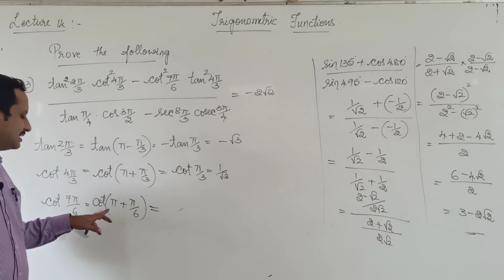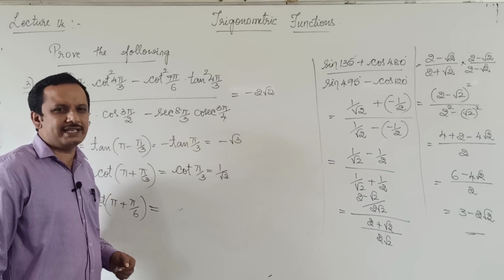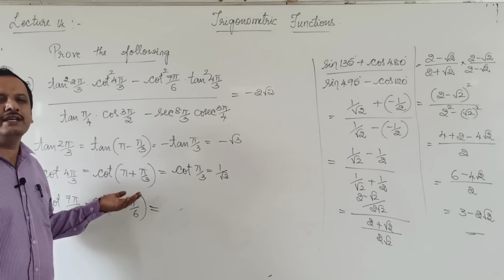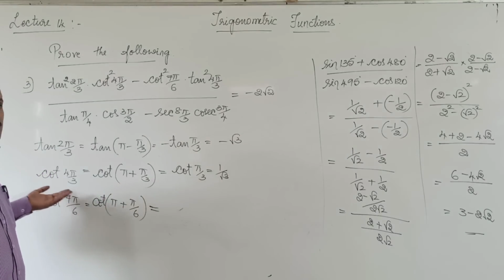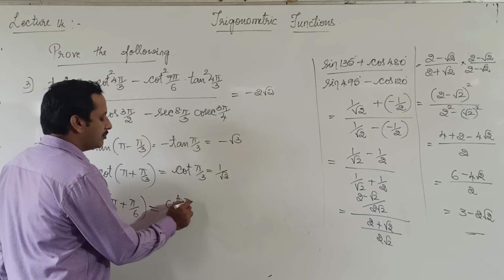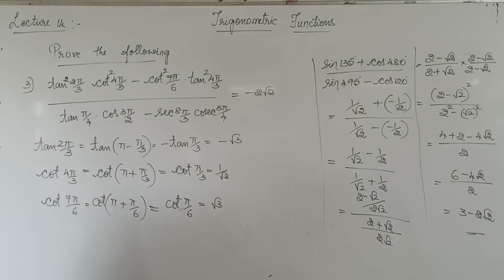Cot 180 plus theta equals cot theta, because we are in the third quadrant here. In the third quadrant, cot is positive, we are using the horizontal line, so same function. This is equal to cot pi by 6, that's equal to root 3.